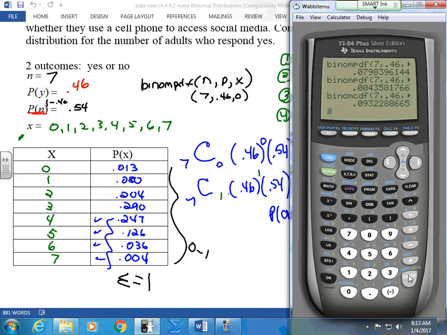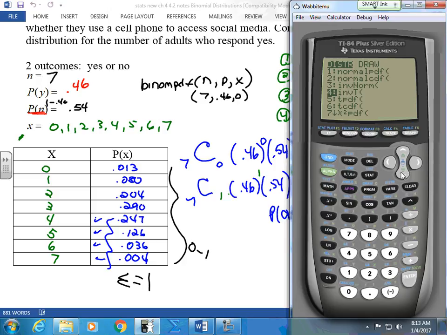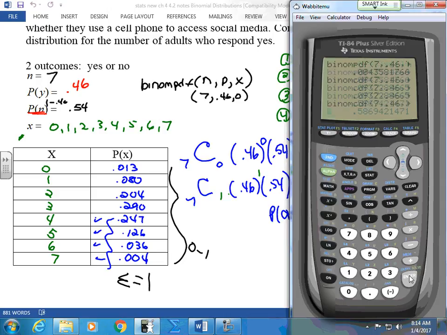Or I could say, okay, let me accumulate to 3, and then I'll subtract it from 1. So I can do this one, do my trials, accumulate it to 3, and then I'm just going to take that answer and subtract it from 1. So there's a number of ways you can do this.